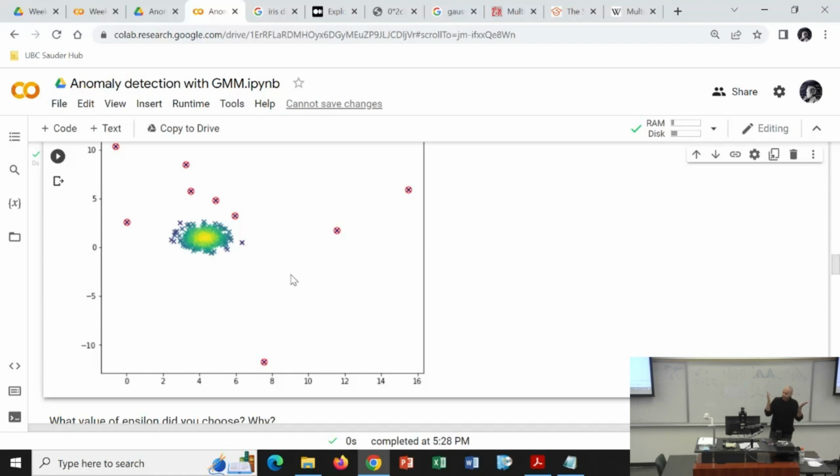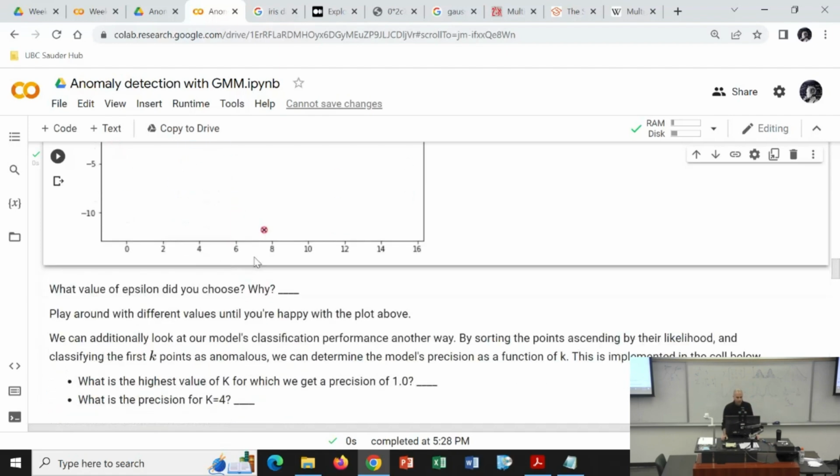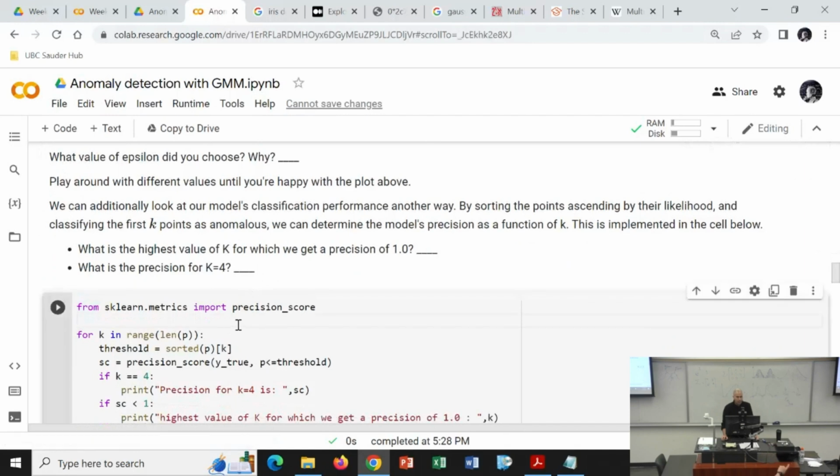I'm so smart, I will figure it out myself. But then for evaluating the performance, we check the predictions against the classes. So we can have an indicator of whether something was indeed an outlier or not. All right.